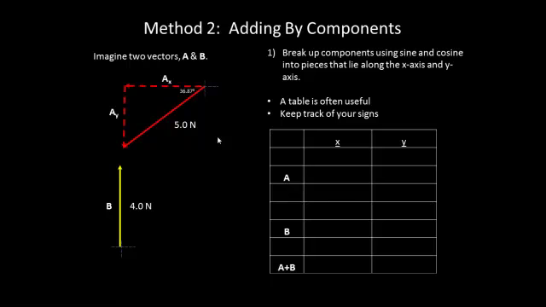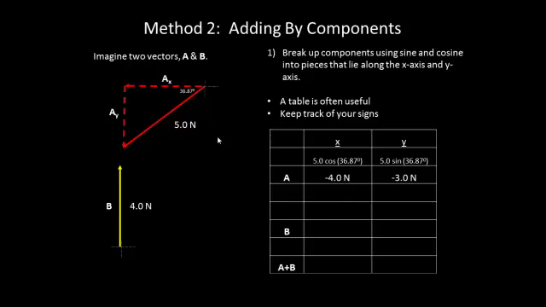Its x component is going to be 5 times the cosine of 36.87 degrees. Remember your SOHCAHTOA. The cosine is adjacent over hypotenuse. So cosine of the angle is equal to A sub x over the hypotenuse 5, or A sub x is 5 cosine of the angle. And then y will be our opposite. So sine is opposite over hypotenuse.